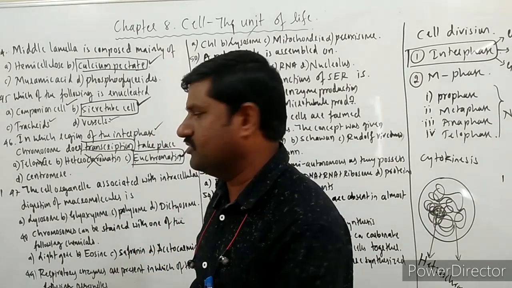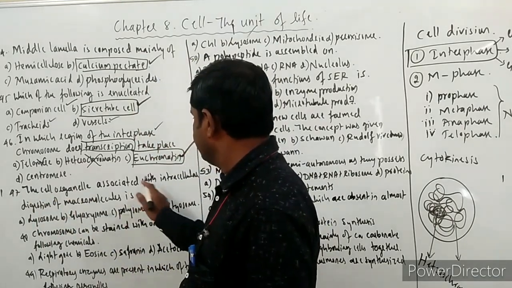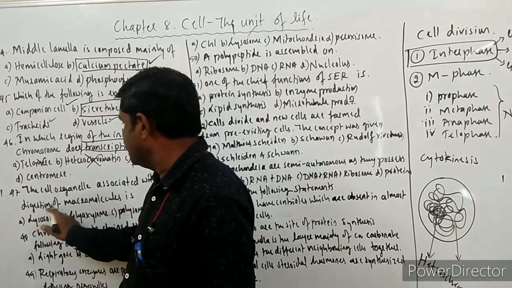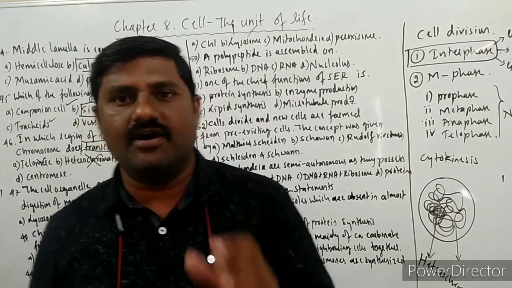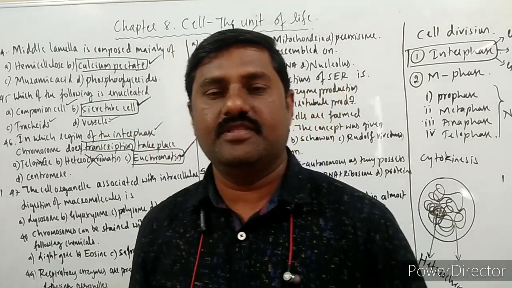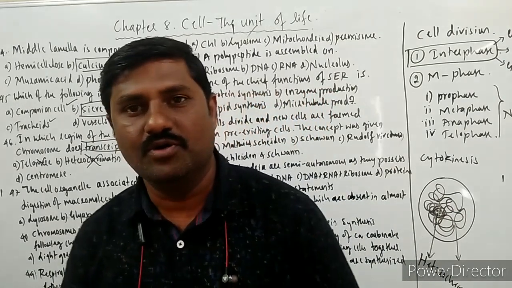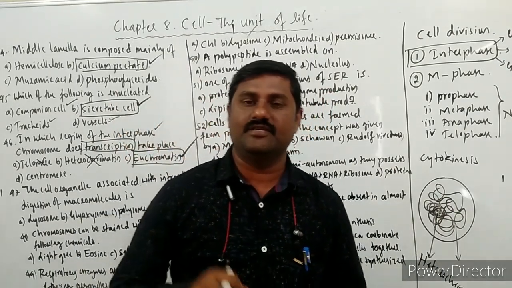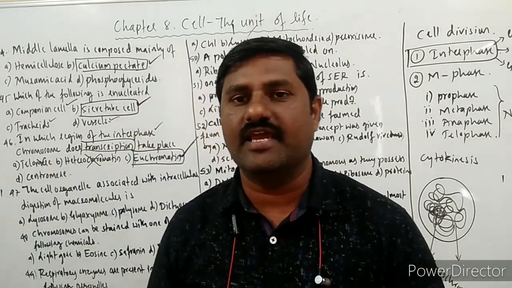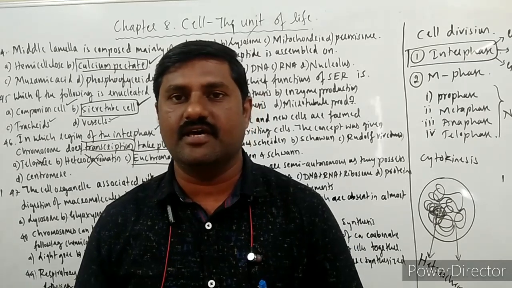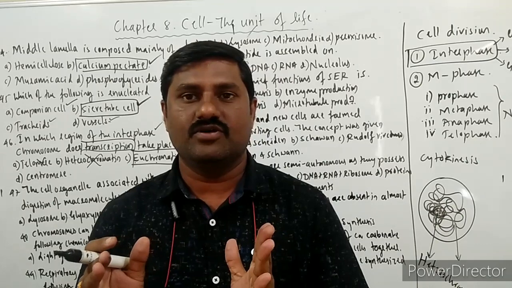Let us go to the next question. The cell organelle associated with intracellular digestion of macromolecules is, so those cell organelles which have the digesting enzymes within themselves. We already know one single membrane bound cell organelle, very small, formed from the vesicles of the endoplasmic reticulum, and after that it comes to the Golgi complex.